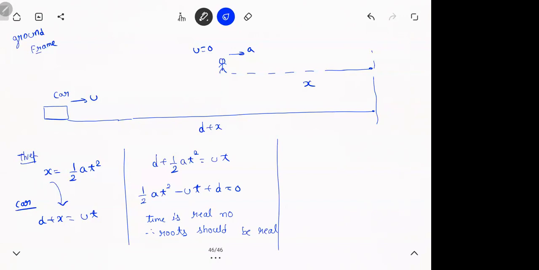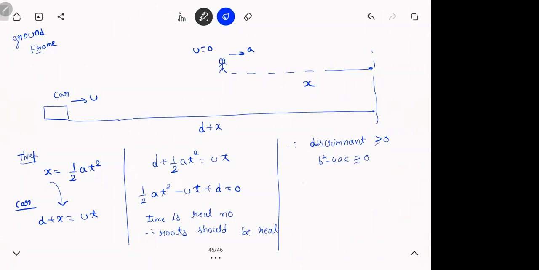And we know for a quadratic equation, if roots are real, therefore the discriminant should be greater than or equal to 0. Hope everyone knows this. In school they must have taught you. So what is the discriminant here? b square minus 4ac.